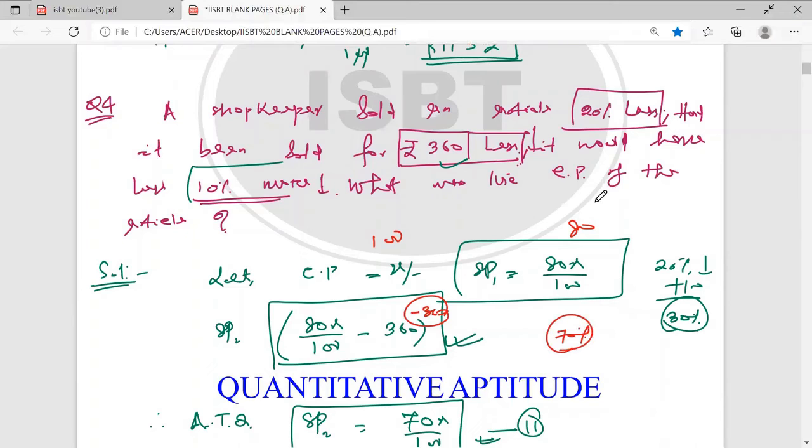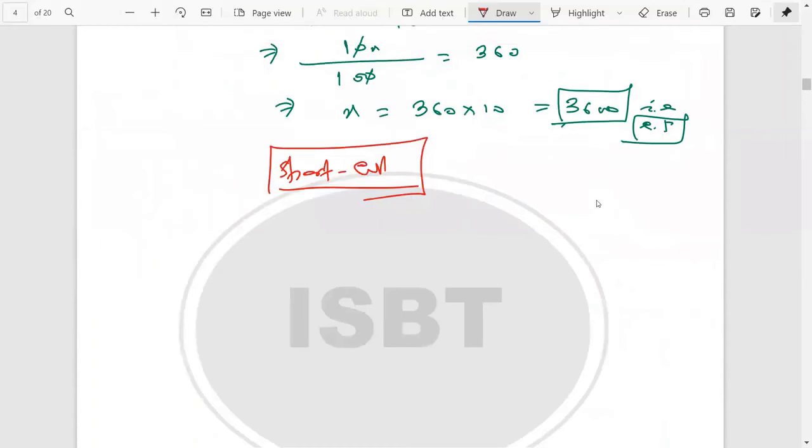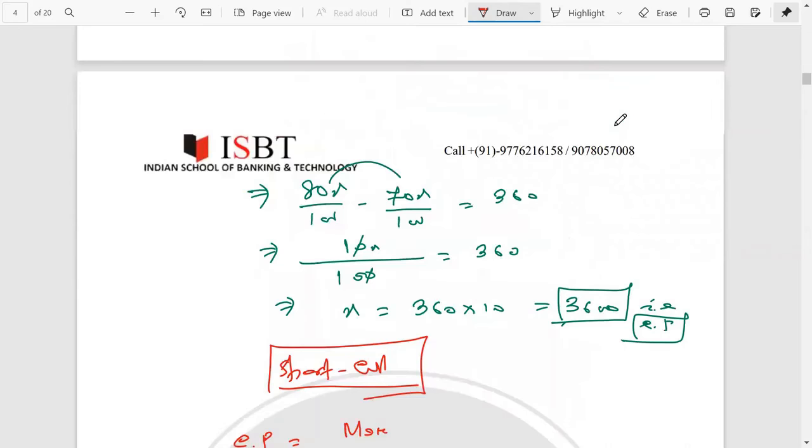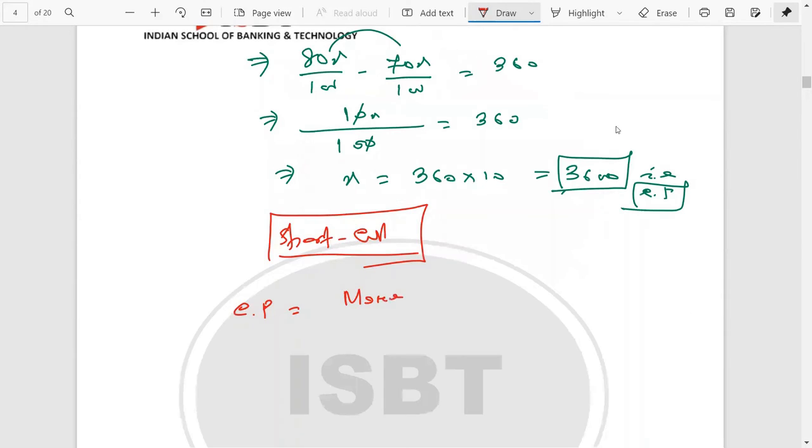Now look at the shortcut formula. Cost price is equal to the more or less rupees divided by the difference in selling price, into 100.